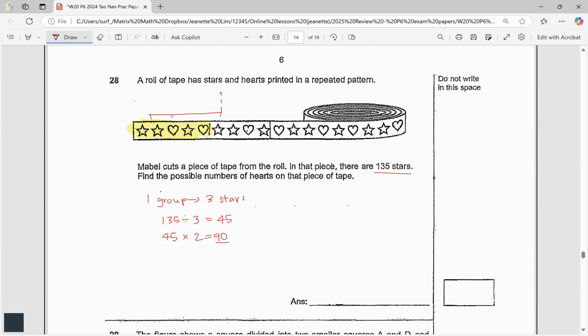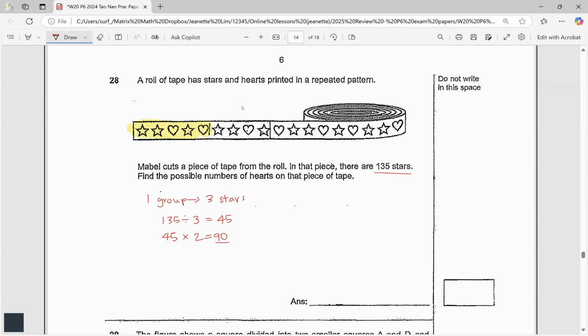Sometimes there are 45 groups, but it doesn't mean that it stops where the group ends. You can have 45 groups and then one more shape, as long as it's not a star. So in this case, if I start the tape this way, the next shape is a star, so it will not give us a different answer. You cannot have additional stars, so that combination would not matter.